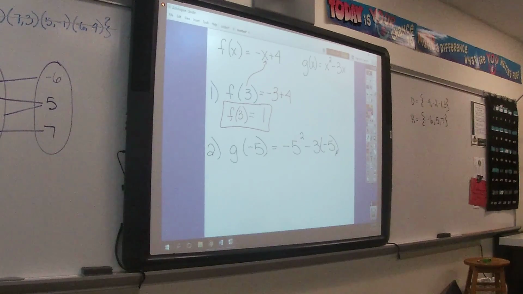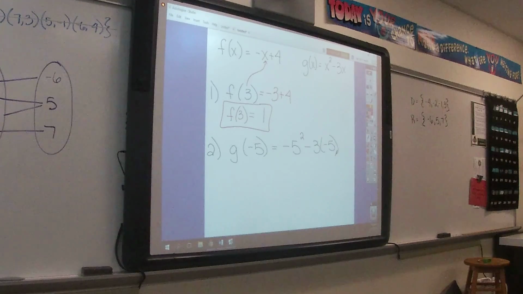I'm on team no. This is not correct. Why is this not correct? Because you're not multiplying by negative 5 on that. The right side is supposed to stay as an input. Nope, we multiply by negative 5 there. That's right.